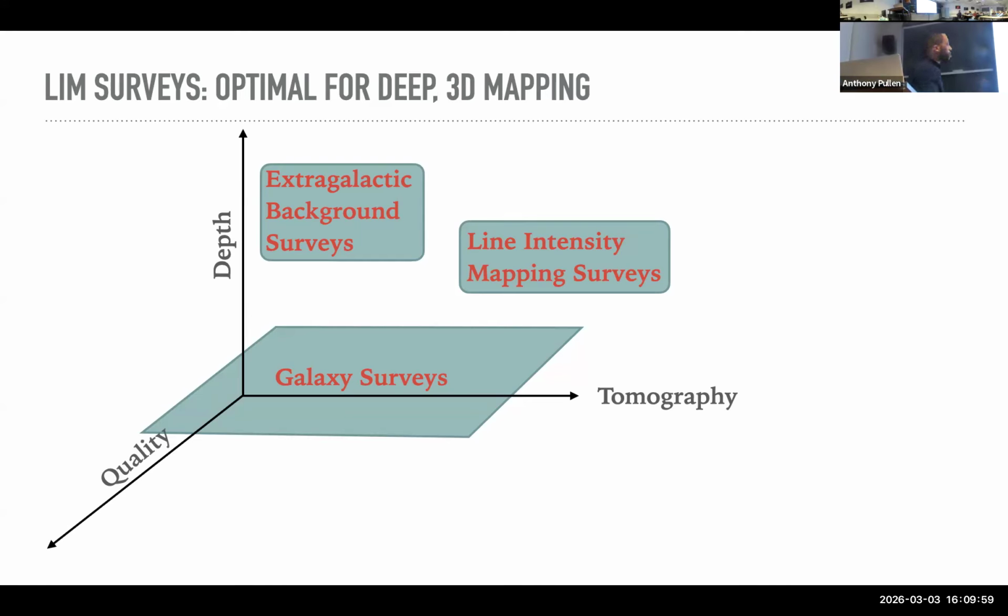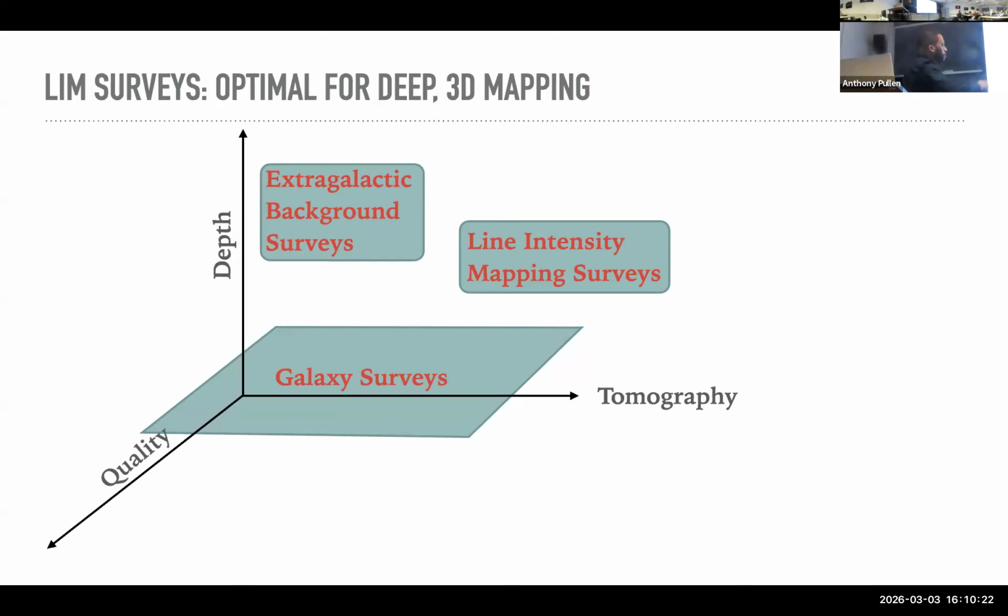So galaxy surveys are really optimized for the quality axis, in that you can image individual galaxies and see the different components of those galaxies, as well as, if you have the spectra, you can use the lines in those spectra to track where galaxies are along the line of sight in redshift.